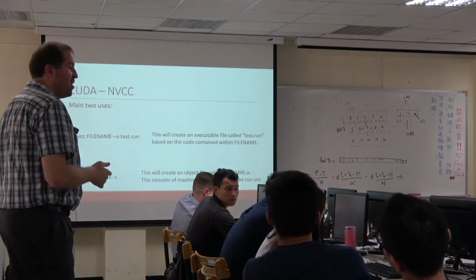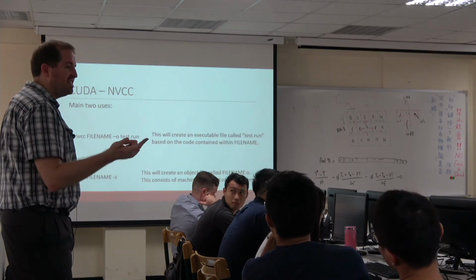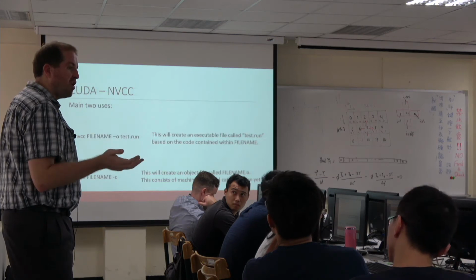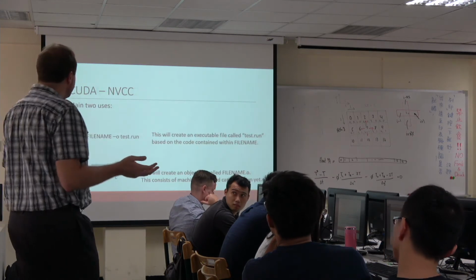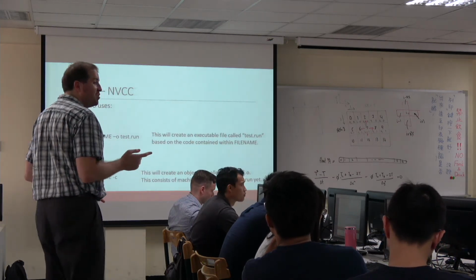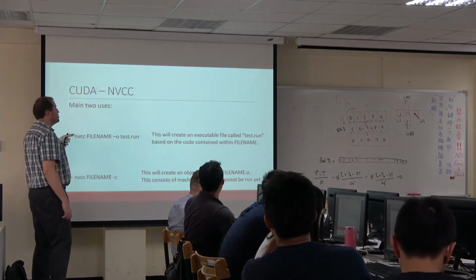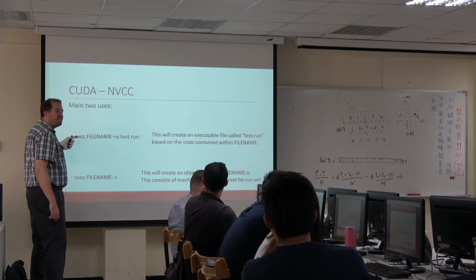The ICC compiler, the PGI compiler, GCC, G++, these are all stronger, older compilers for building CPU applications. NVCC is a compiler for GPU. So, you can compile and you can build and link with NVCC.